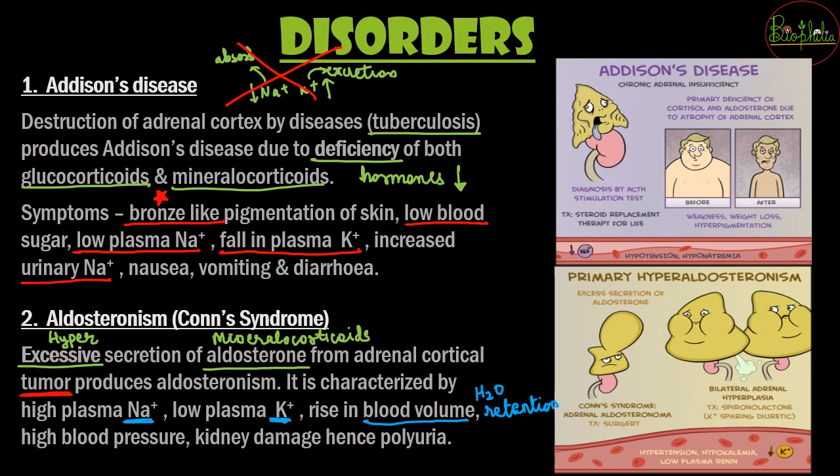And once the blood volume increases, the pressure is going to increase. And because of high blood pressure, जब heart में से pump होके kidney के पास आएगा for purification, during that time because of high blood pressure there can be kidney damage, and kidney damage हो जाएगी.